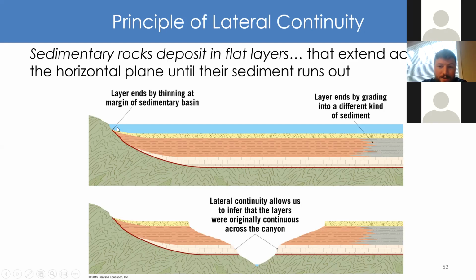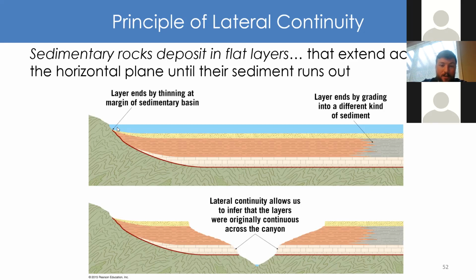Yeah, we'll say there's this red clay that gets deposited in this area, and it keeps depositing until there's no more clay left from the river to deposit. And then eventually there's another sediment somewhere else. So those differences in the sediment can help us understand a little bit about the environment. But we know that that's going to be continuous in a horizontal flat layer from when it was deposited.